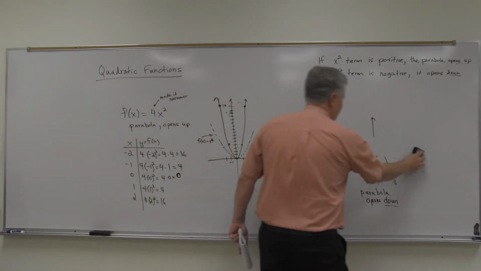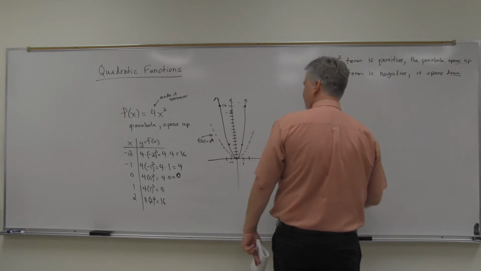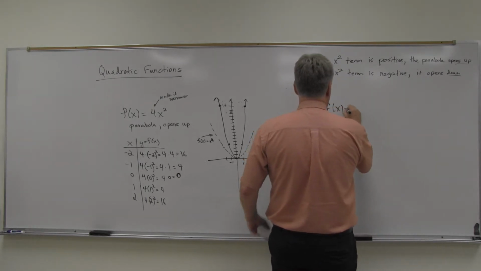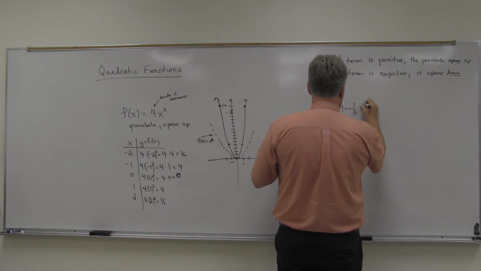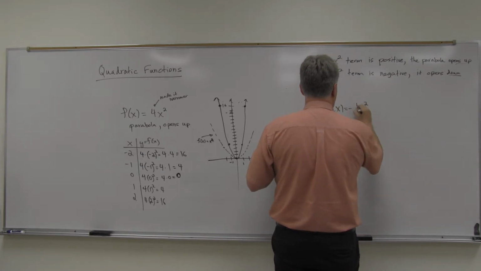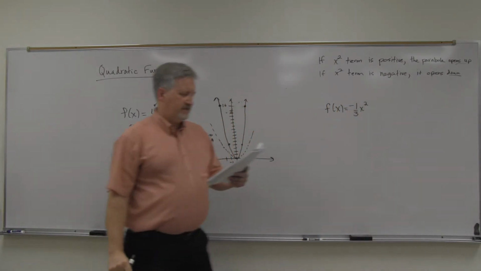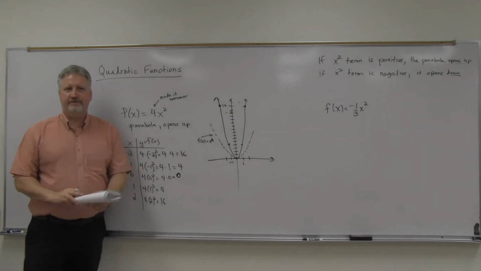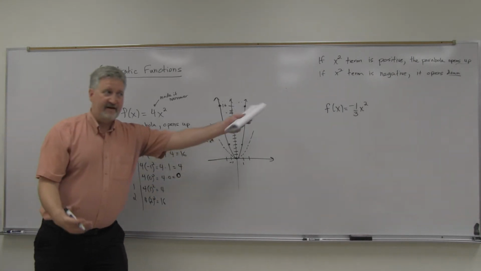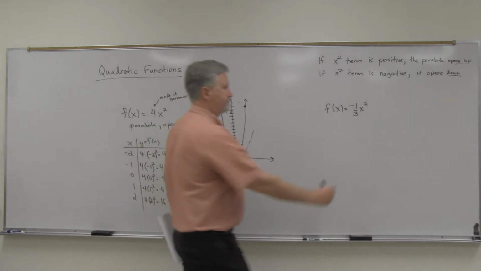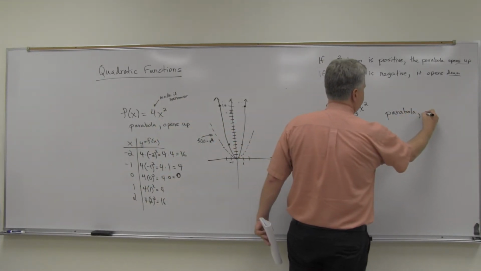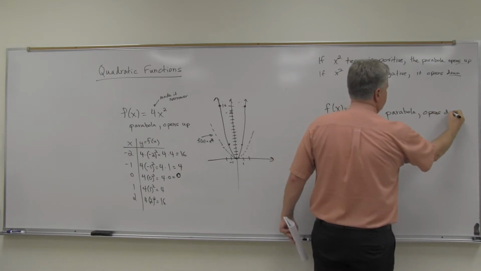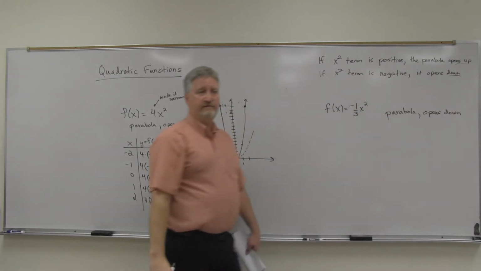All right, let's notice this. f of x equals -1/3 x squared. So again, x squared, parabola, but this one opens down, doesn't it? Because you got a negative x squared.